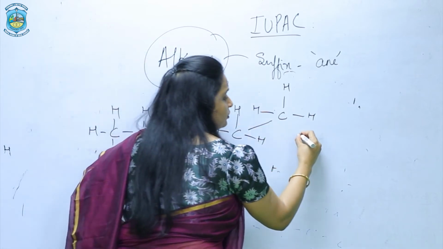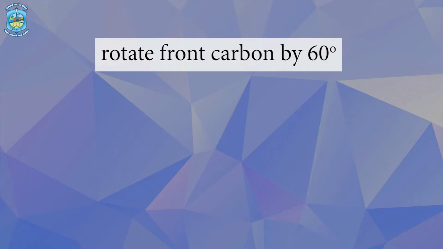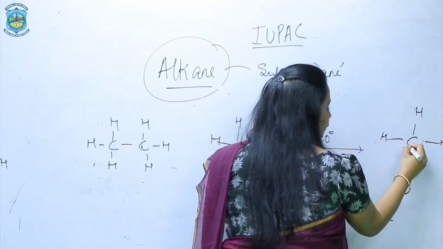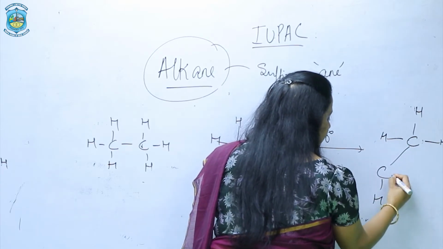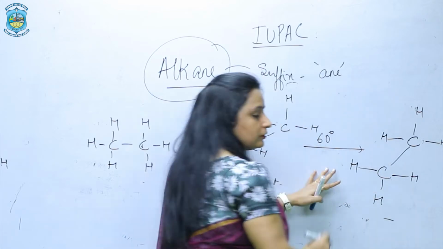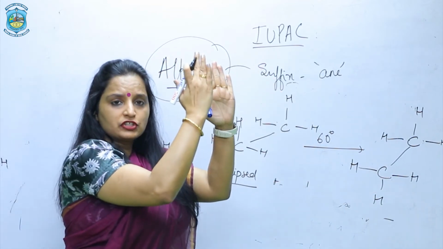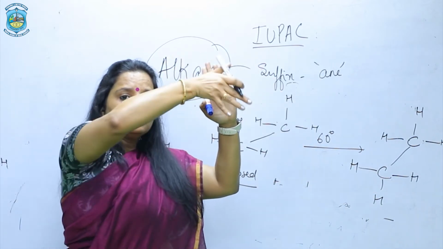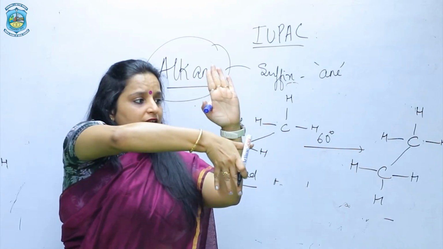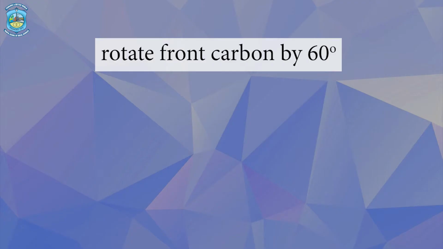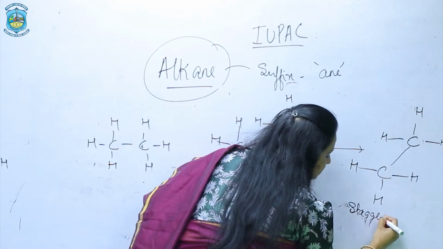Now, if I rotate it by an angle of 60 degrees, the back carbon is fixed and the front one is rotated. This was the earlier condition; rotating the front one by 60 degrees, I get this conformation. This state of the molecule is called the staggered conformation.